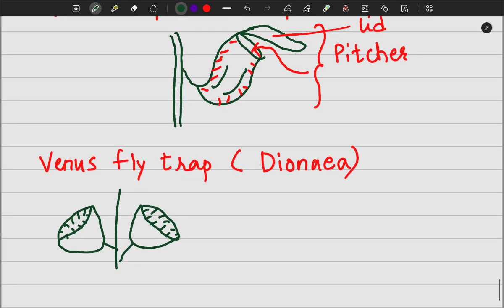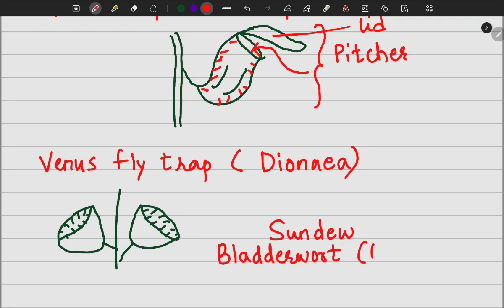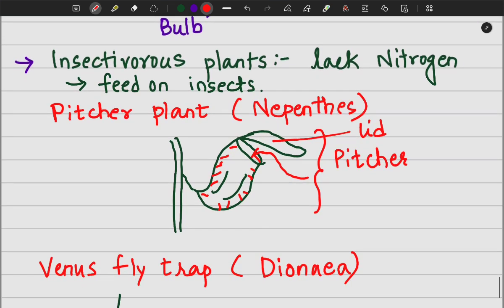So this is a Venus flytrap. Another example is one more example of insectivorous plant, sundew, and bladderwort, Utricularia. All these examples are really important, so you all must learn them by heart. Alright, so this was a modification for feeding on insects.